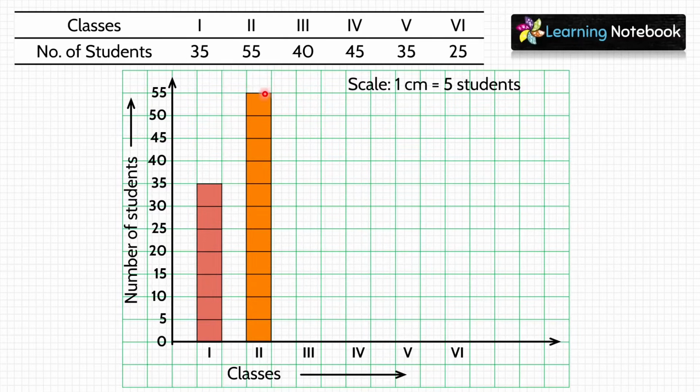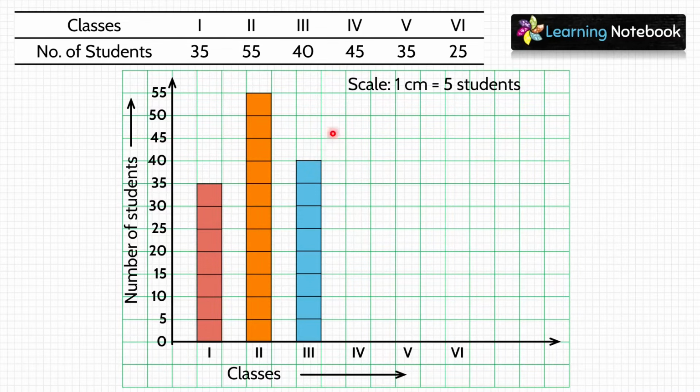Now, let's move to class 3. Class 3 has 40 students who like painting. So, let's make a bar till 40. So, here we are going to color 8 blocks to represent 40 students who like painting in class 3rd.